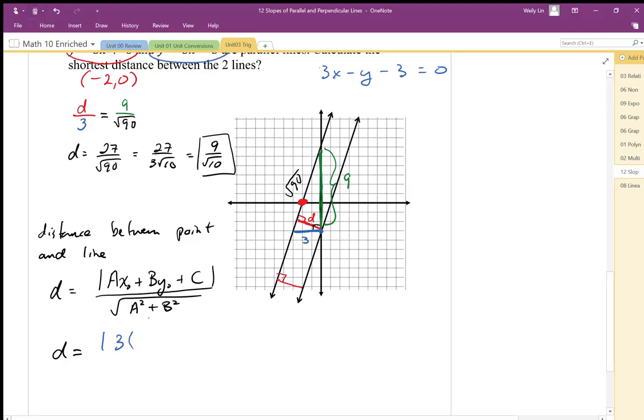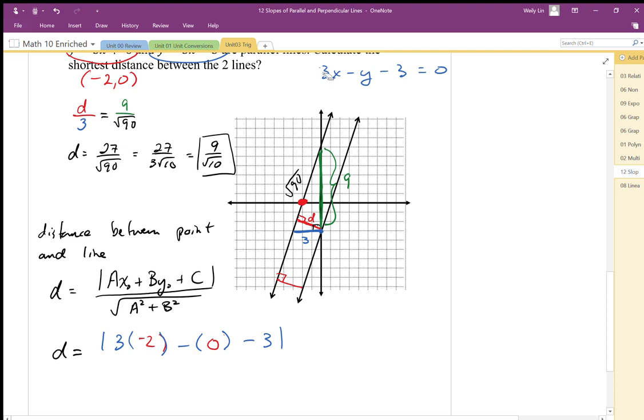So 3 times -2, plus b, which is going to be -1. So I'm going to go minus b, and then I plug in my y coordinate into that position, so 0, plus c, which is going to be -3.